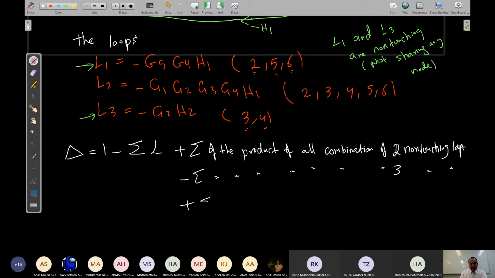Then plus the summation of the product of all combinations of 4 non-touching loops.